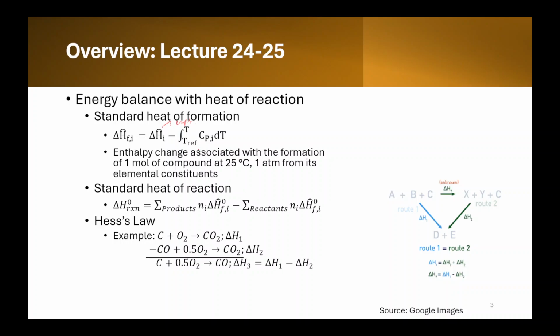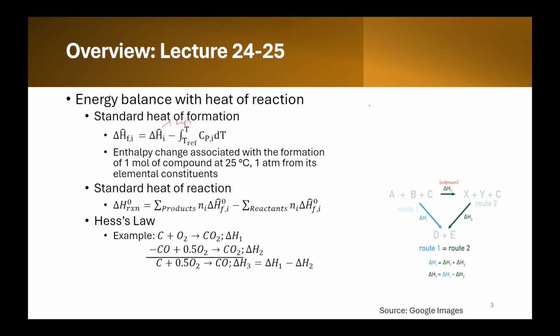So that is how you get the standard heat of formation. The definition for the standard heat of formation is the enthalpy change associated with the formation of 1 mole of compound at 25 degrees Celsius, 1 atm from its elemental constituents.